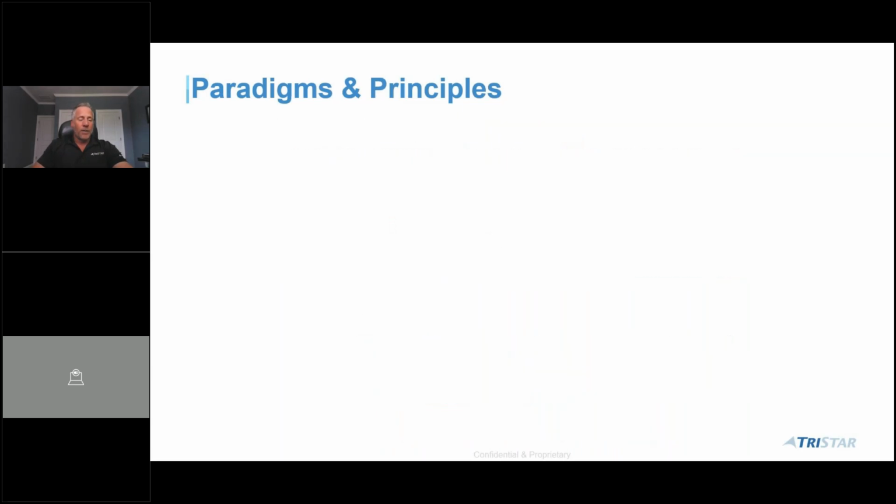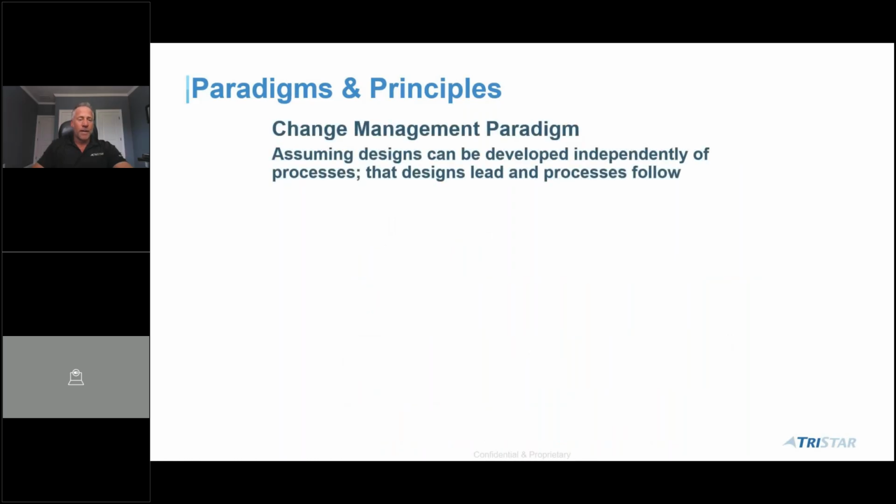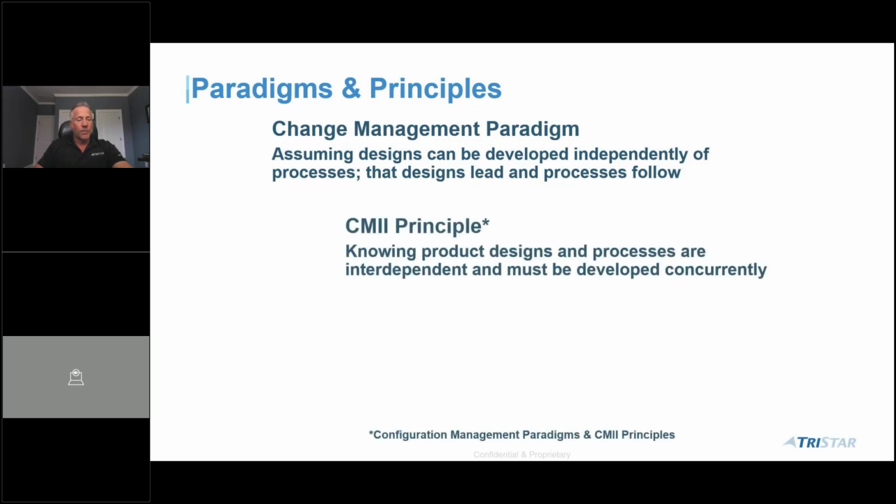So the second key paradigm is assuming designs can be developed independent of the process. And so again, the more process you utilize and do inside Windchill, you'll see these processes become more parallel. Okay, and that design can lead and processes follow. That is not true. And so the CM2 principle is knowing that product design and processes are interdependent, and they must be developed concurrently.